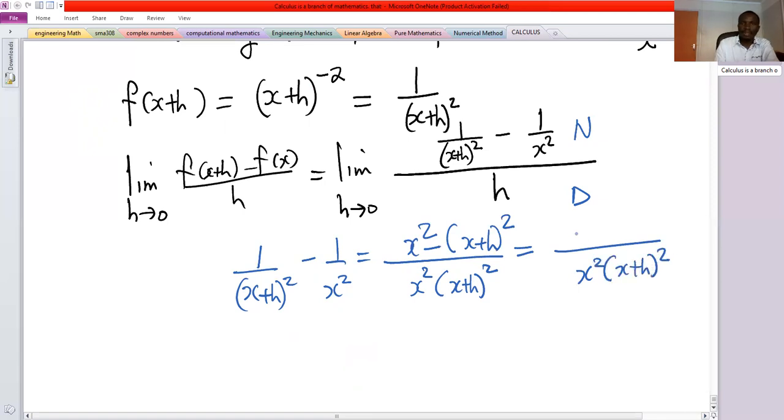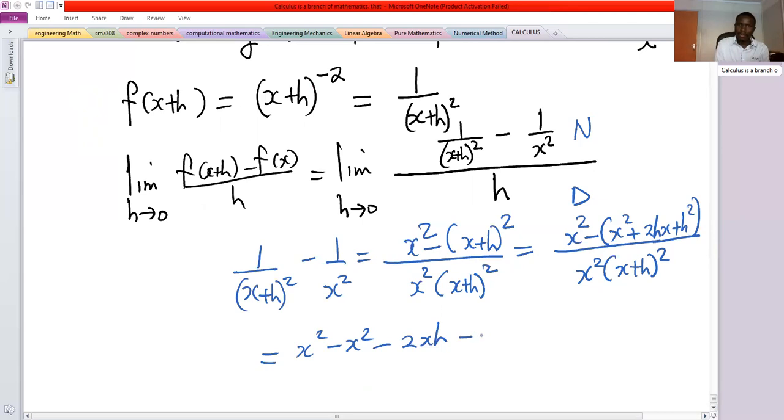You don't have to simplify this. Minus, we'll get x squared plus 2hx plus h squared. Which will be x squared minus x squared minus 2xh minus h squared, divided by x squared into x plus h squared.